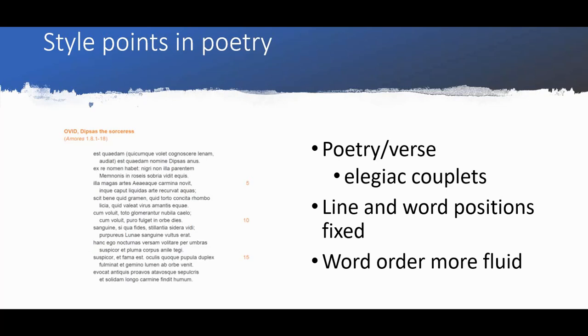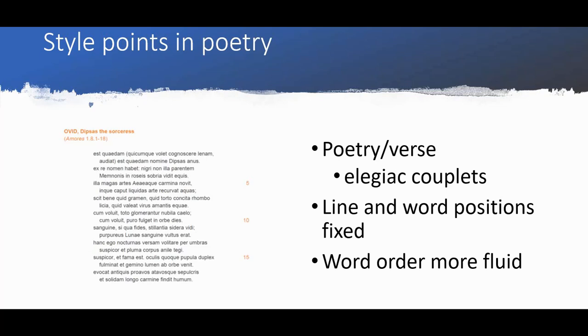With Ovid, you will notice that the second, or even numbered, lines are indented when printed in the text. What that means is that the meter is one of a longer meter and a shorter meter.